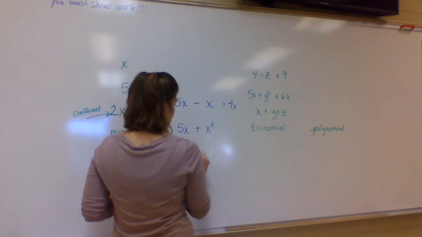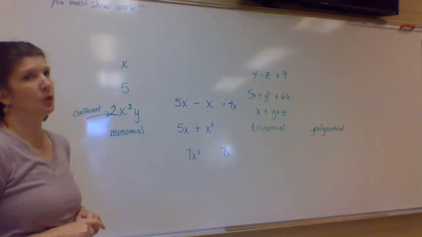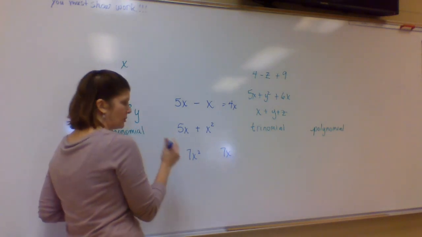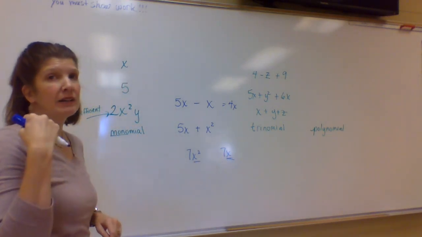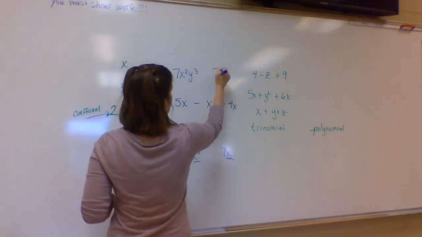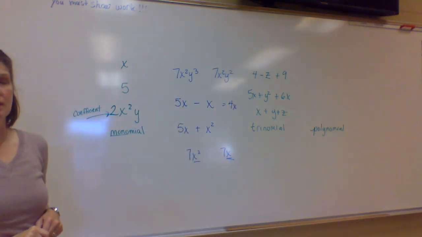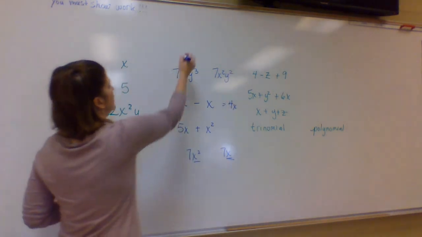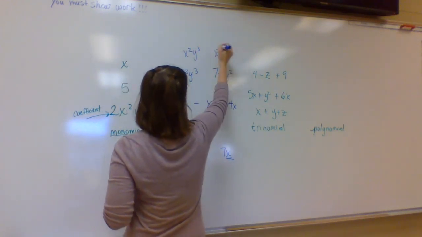Okay, how about 7x squared and 7x? No. Which part has to match? All the variables and all their exponents to be like terms. So 7x squared y to the third and 7x squared y to the second are not like terms. But x squared y to the third and x squared y to the third, let's put an 8 in front of that one.